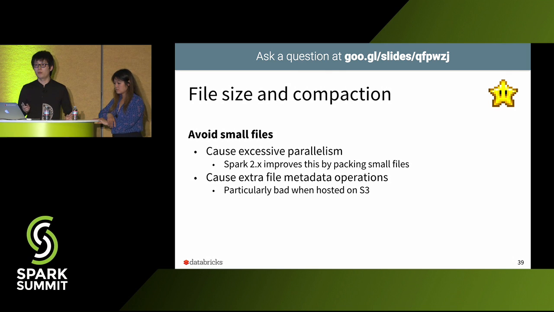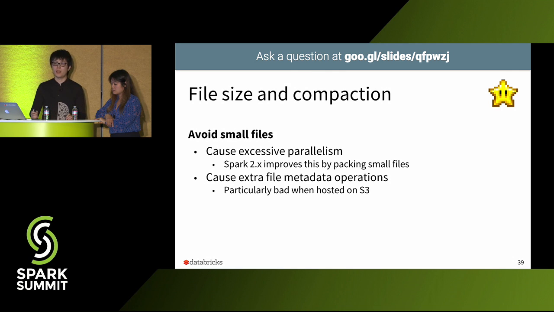For example, we usually create one task for one single file, and if the file size is too small, like 1 KB or something, then you're really wasting your cluster resources. It also causes extra file metadata operations, and this can be particularly bad for files hosted on S3 because metadata operations on S3 can be pretty slow. For example, just checking whether a file exists takes around 200 milliseconds.